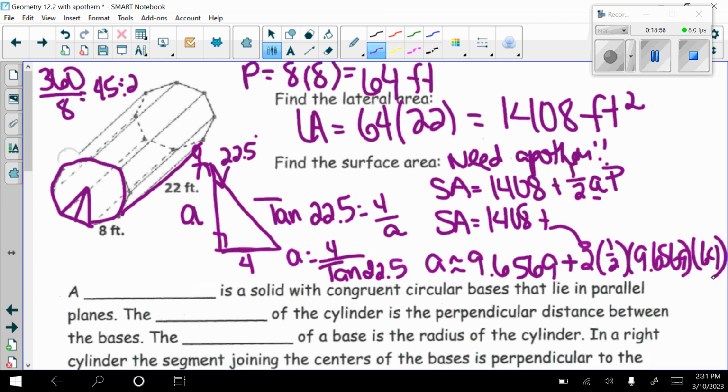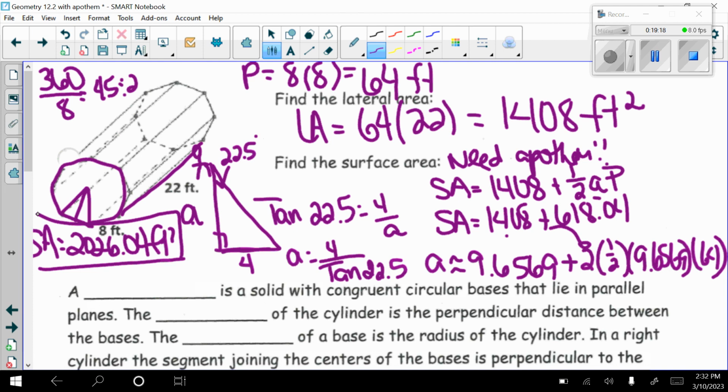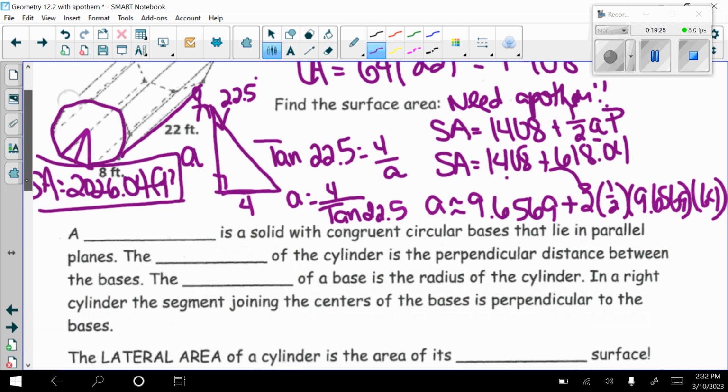So when I multiply all of this together, I end up getting 618.04. I need to add that to the 1,408, and I find that the surface area is equal to 2,026.04 square feet. We will be doing a lot of those, so don't worry if you are feeling a little overwhelmed. We will do lots and lots more of those, but this is why it was so important that we learned SOHCAHTOA in our last chapter.